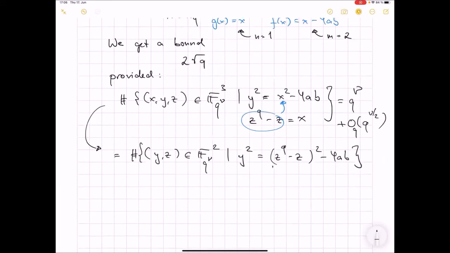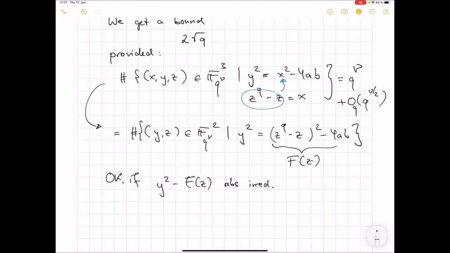Okay, and this is now another polynomial. Let's call it capital F of z. And here we can use our original counting lemma, provided that this polynomial is absolutely irreducible. So we are okay if y squared minus F of z is absolutely irreducible.